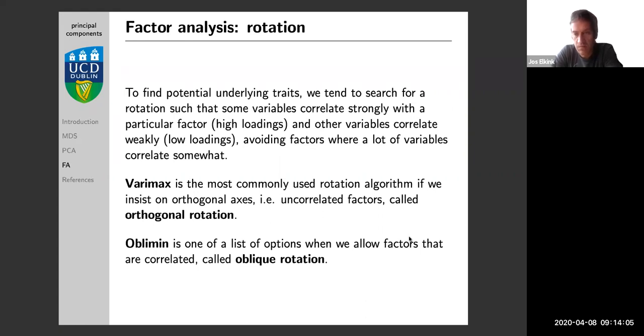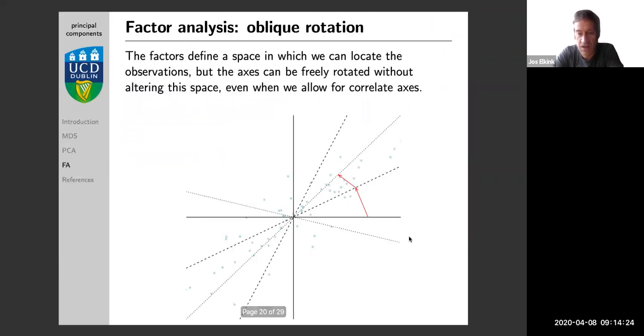One very common rotation is varimax, which is an orthogonal rotation, just like we saw in the previous picture. Oblimin is the one that is most common when we do not necessarily want to assume that they are orthogonal. So we can also rotate in a way that they're not perpendicular anymore. So for example, if here we look at the red lines, let's see how this works.